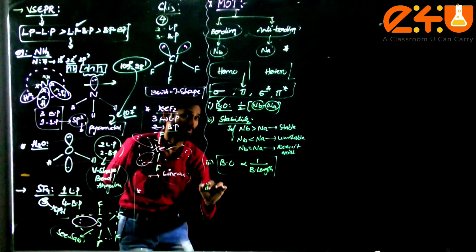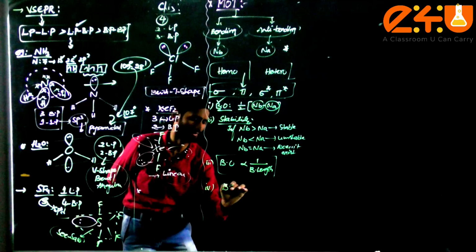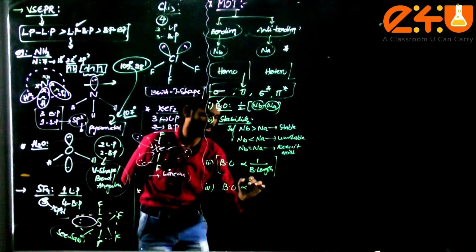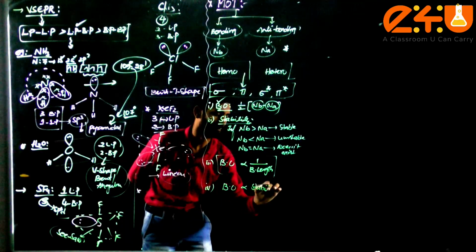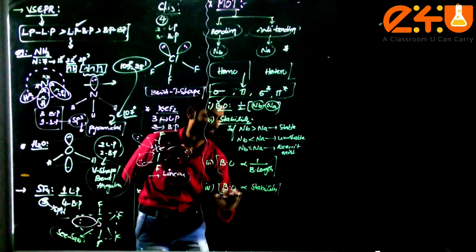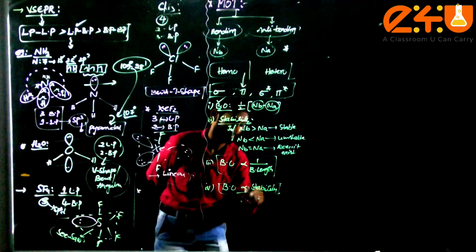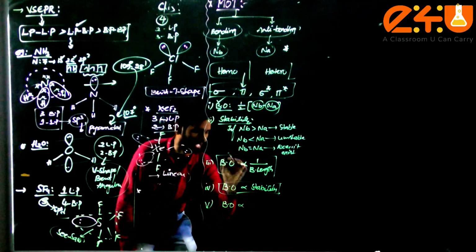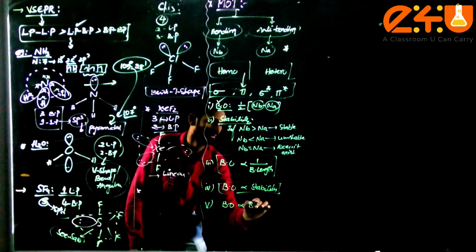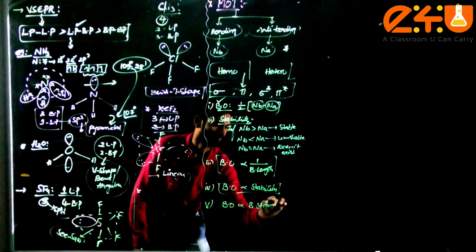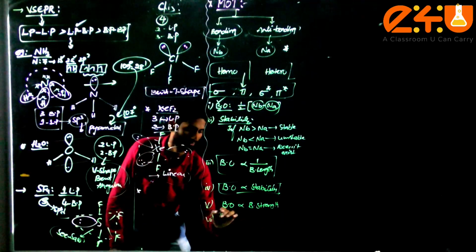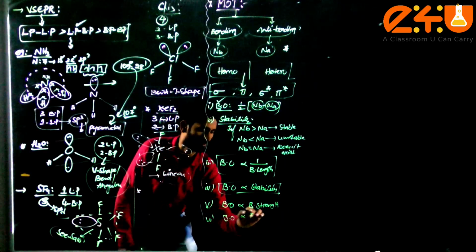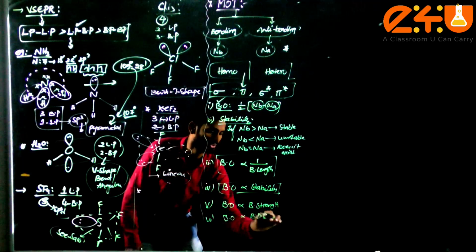Fourth point: bond order is directly proportional to stability. The more bonds between the atoms of a molecule, the more stable that compound will be. Next, bond order is directly proportional to bond strength. Next, bond order is directly proportional to bond dissociation energy.